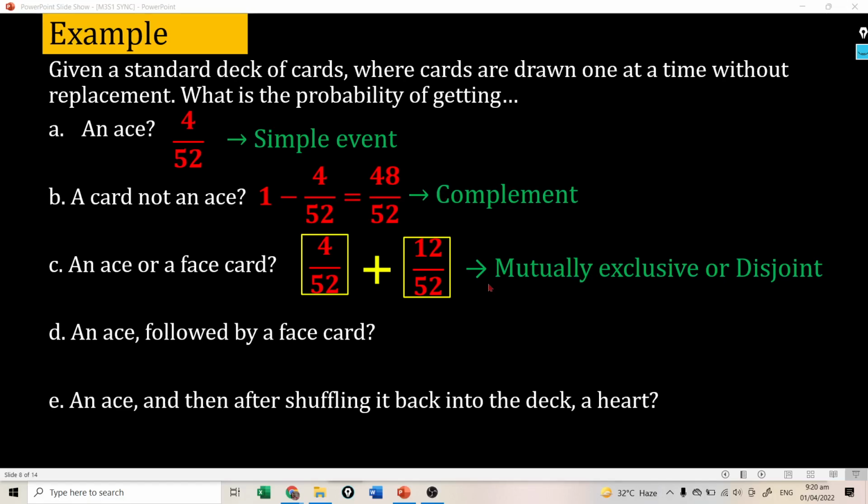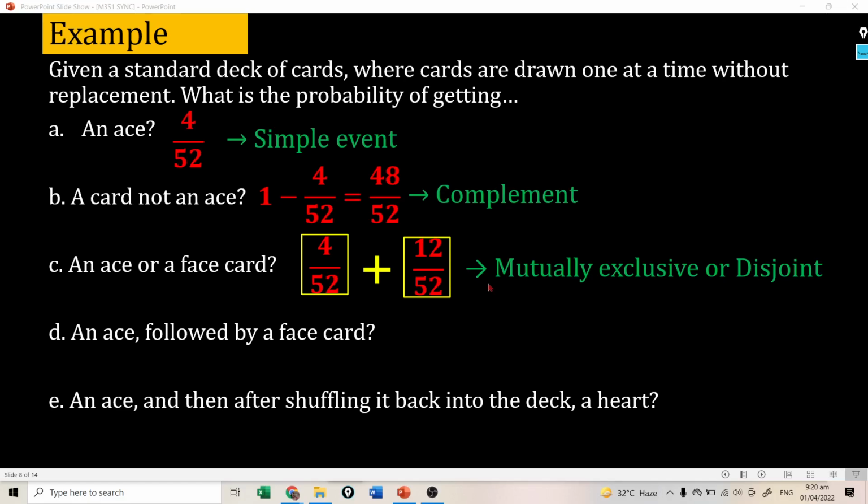Now, look at this next one. An ace and then followed by, ibig sabihin, 2 na yung binunot mo rito, a face card. Meron bang impact yung probability ng una, pagbunot ng ace, sa probability ng pangalawa? Successive yung bunot. Magmamatter ba sa second pick yung first pick?